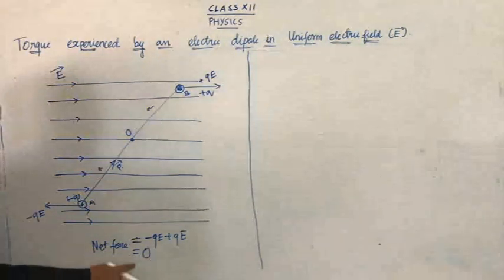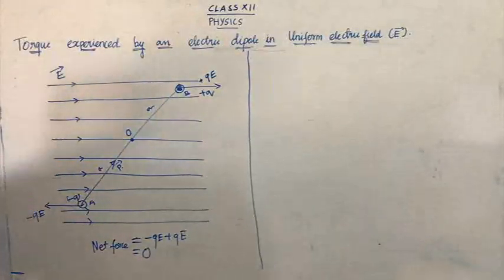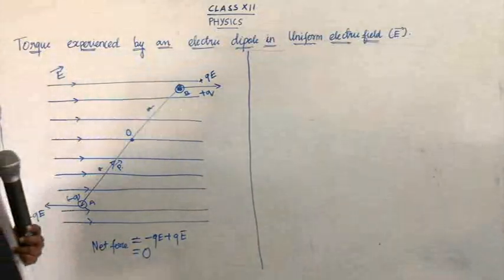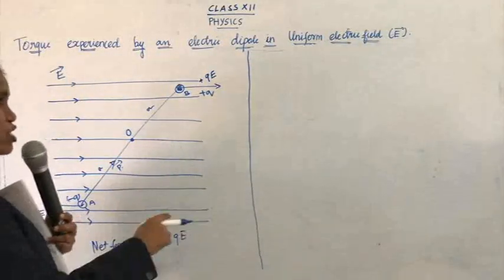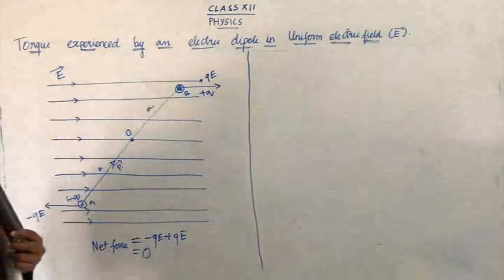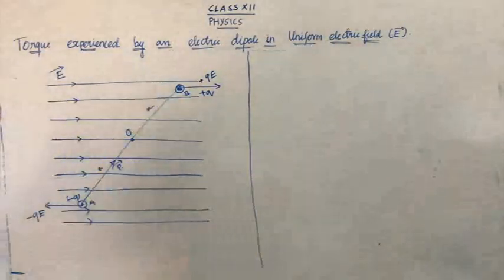This will be a one word question, you should remember it. The net force on an electric dipole in a uniform electric field is 0. Okay children, have you noted it? Right.